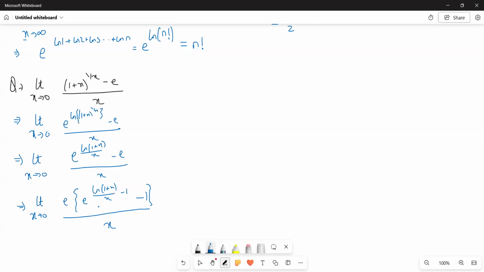Now for e, what is the standard limit? e to the power something minus 1 by that something. So here, this whole part is the something in e to the power something. So we convert to the standard form in this way.